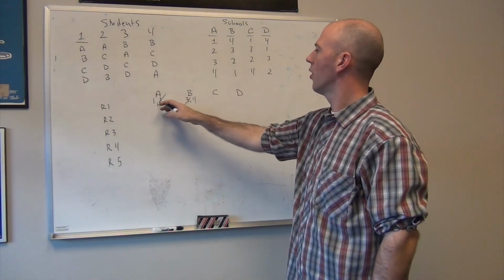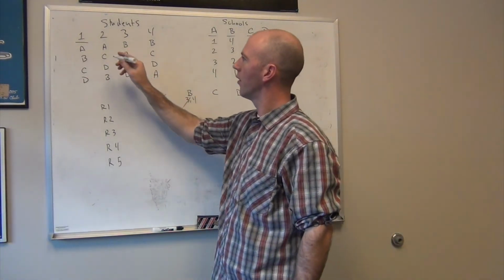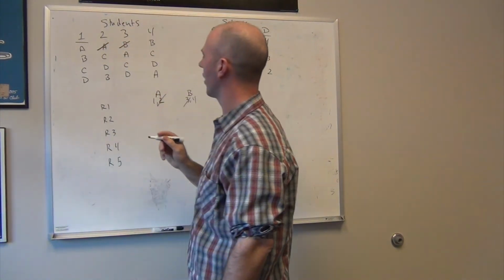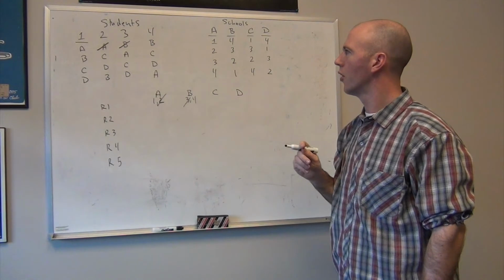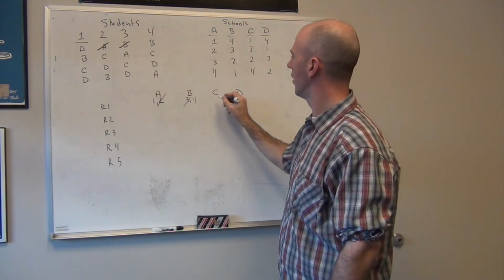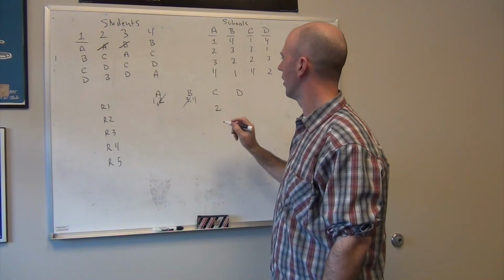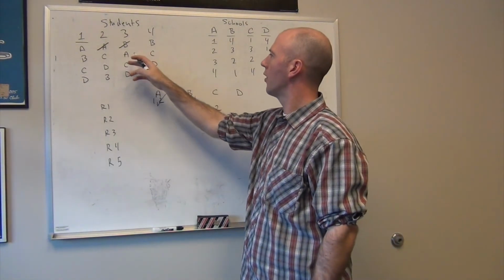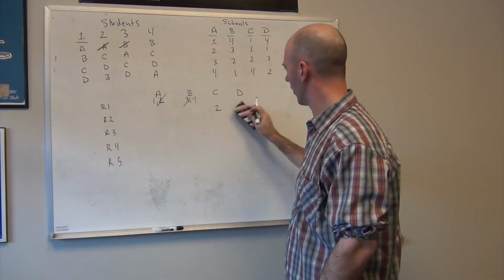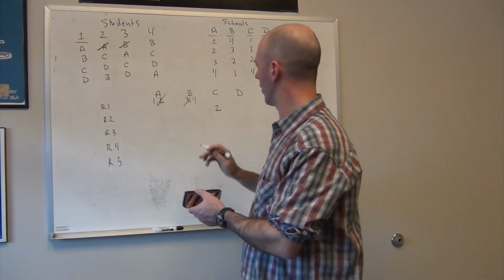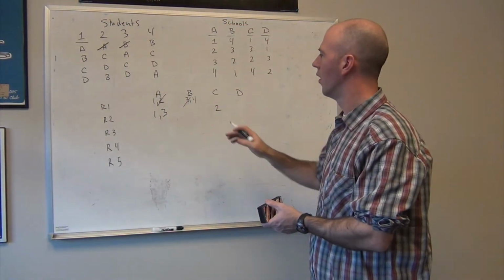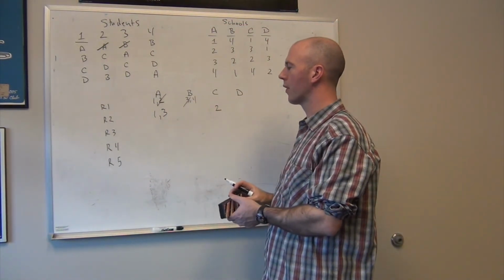So next, 2 has been rejected, and so we know it's not going to go to A, and 3 has been rejected, we know it's not going to go to B. So 2 is going to apply to school C, and 3 is going to apply to school A. 4 is still applying to B. Right?